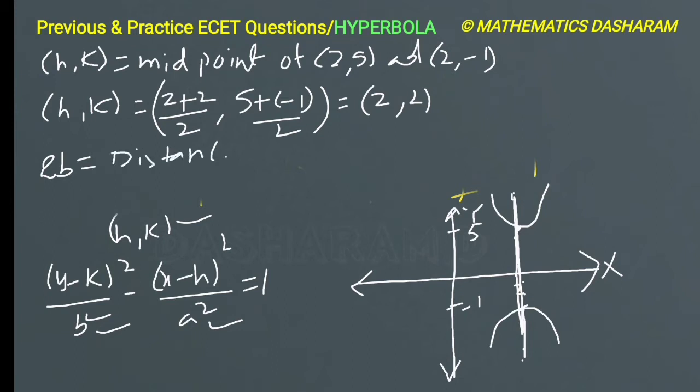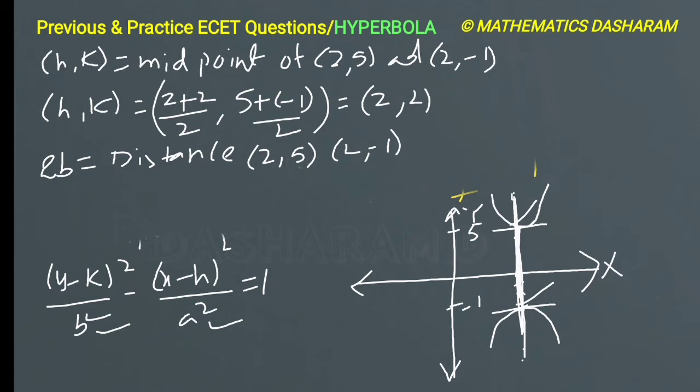The distance between the given 2 points, (2, 5) and (2, -1), because this is the transverse axis. So here is one point, here another point. The distance between these two is called the transverse axis length. So the transverse axis length formula is 2b.